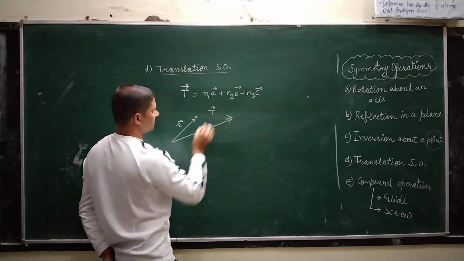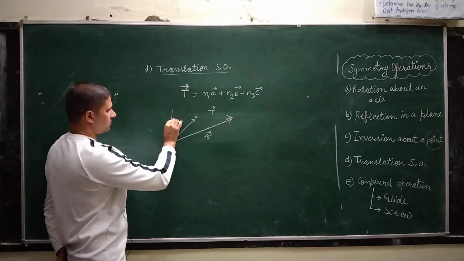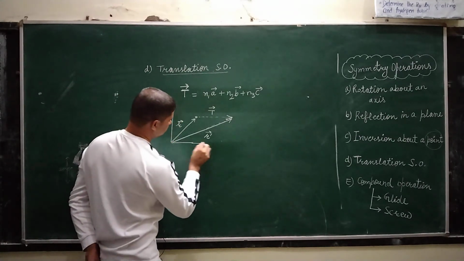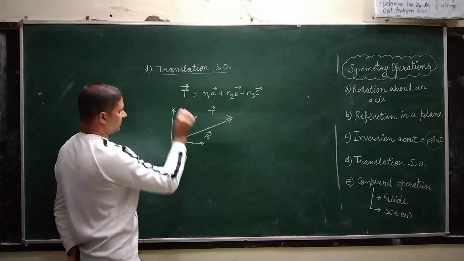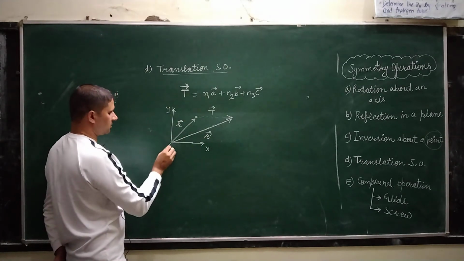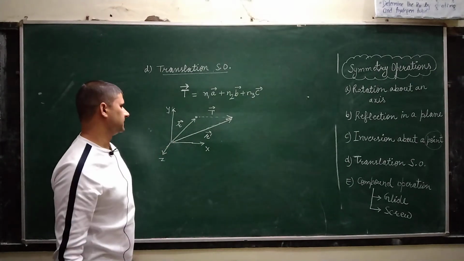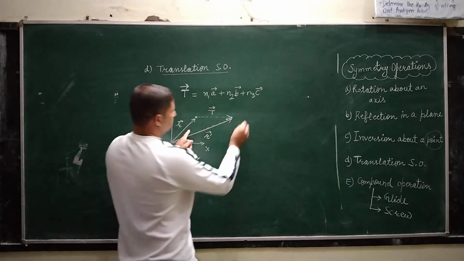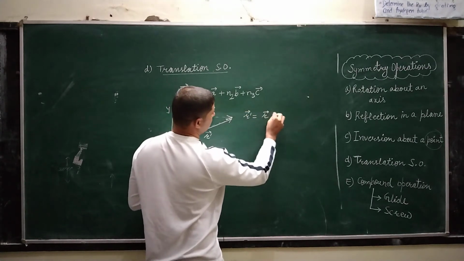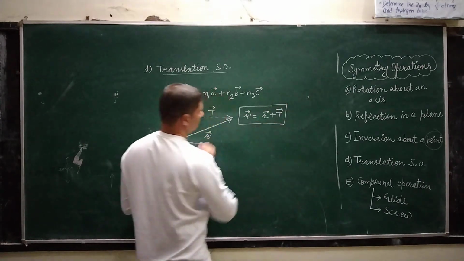Here you can see how the translation vector connects the two lattice points. Let this be x and y, and one more dimension, z. So vector r dash is equal to vector r plus vector t.